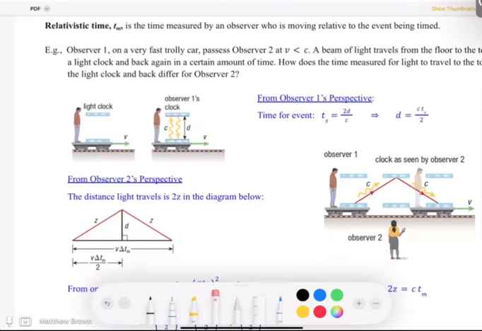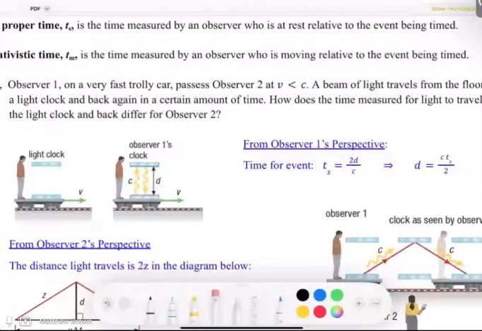Okay, so we can look at observer 1's perspective, who's stationary, in this inertial frame where this is happening. Yes, it's light moving, but they're measuring something that's stationary relative to them, that is, the ceiling and the floor are stationary in their reference frame. So time is just distance over speed.